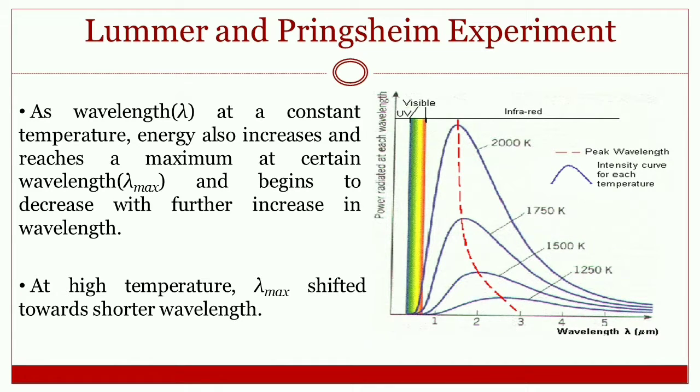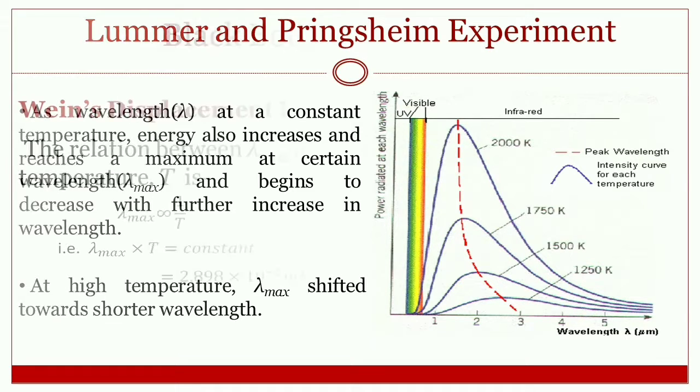At high temperature, the lambda max, that is the maximum wavelength, is seen at shorter wavelength, and at low temperature the maximum wavelength shifts towards longer wavelength. As in the picture, at 2000 Kelvin the lambda max is between 1 and 2 micrometer, and at 1250 Kelvin lambda max is near 3 micrometer.